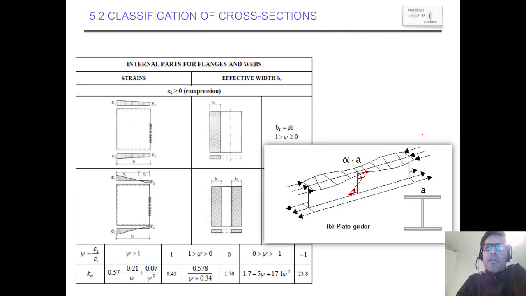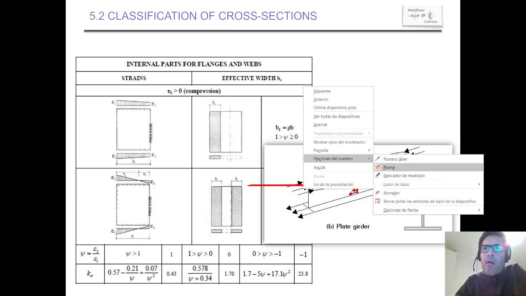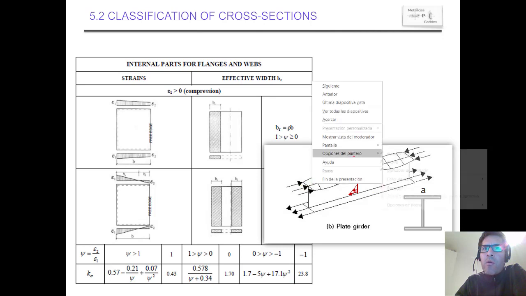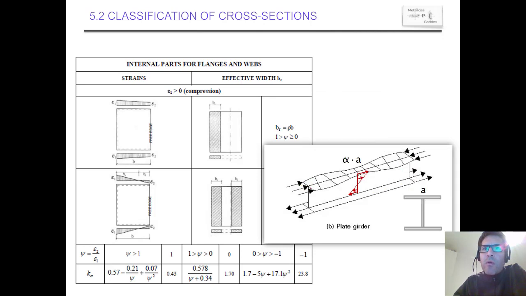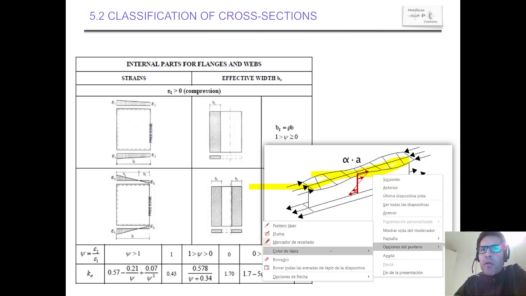So this flange is a little bit different because I will try to put here another color. This one. No, this is not a good idea, I don't know why.